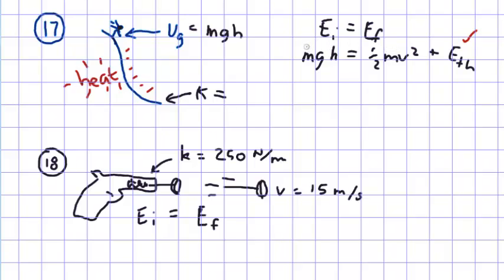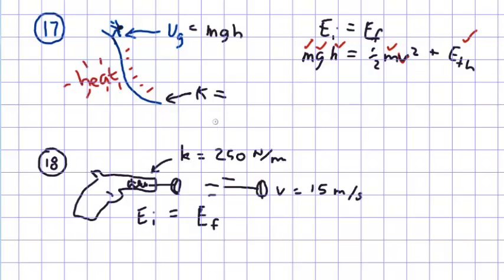You know the mass, I believe, is given. Yes, it's a 25 kilogram girl, so that's given. The g, of course, is always known, and the height is given as well. And so you're just solving for the unknown of this velocity.